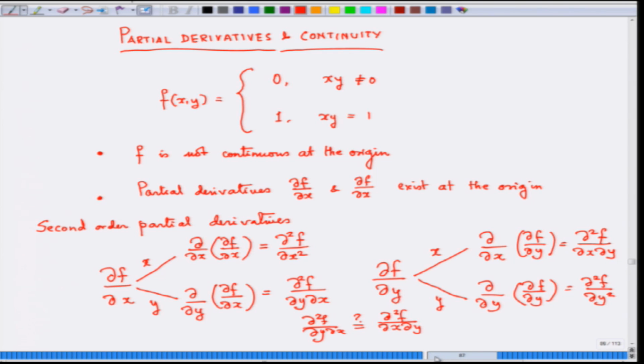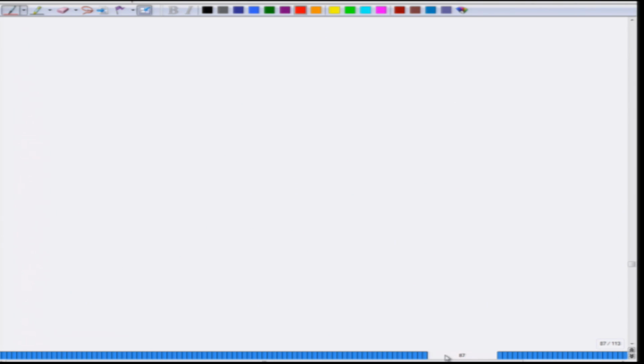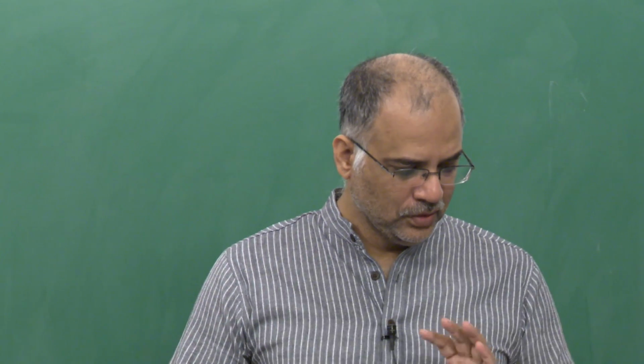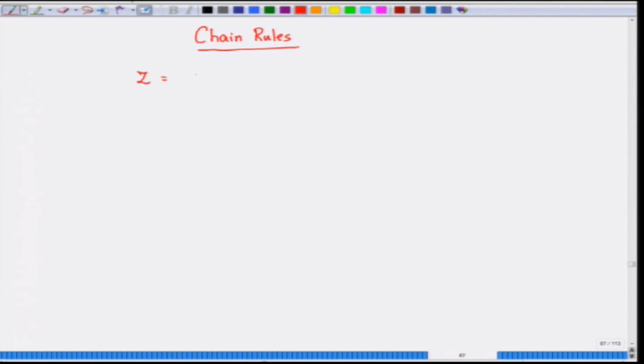And now, let us come to the last part of the talk, which is about chain rules. So, now we come to the chain rule. Suppose we have a function, say z is f of x y, and x is a function of t and y is also a function of t.